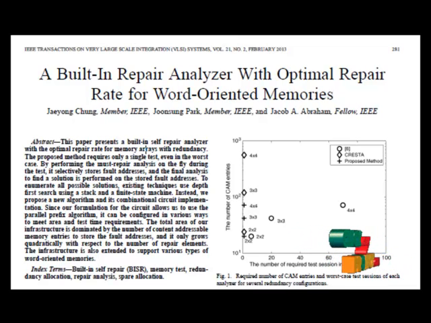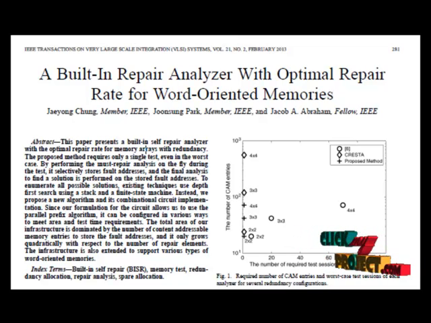Adapting the techniques to a fully built-in repair analyzer poses two problems. Firstly, most of the search strategies rely on a complete failure bitmap. Secondly, the data structure to organize the search can grow very large.